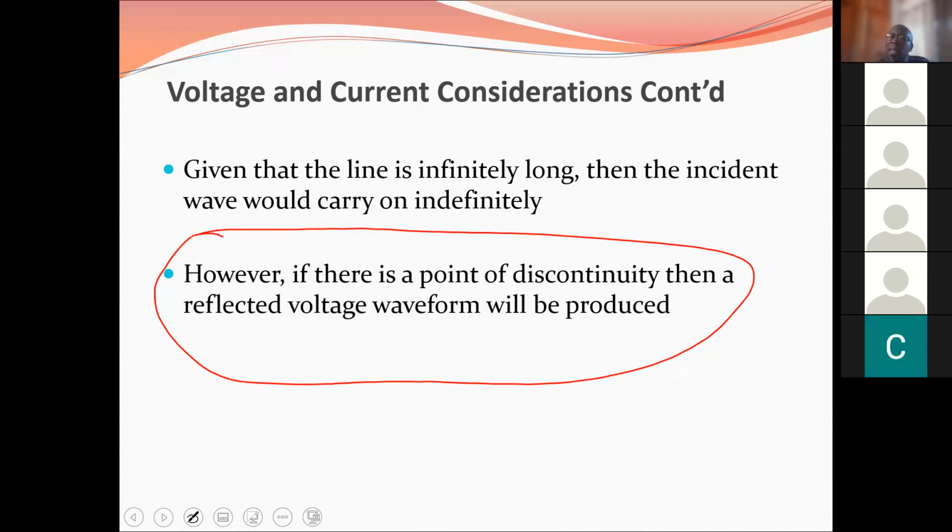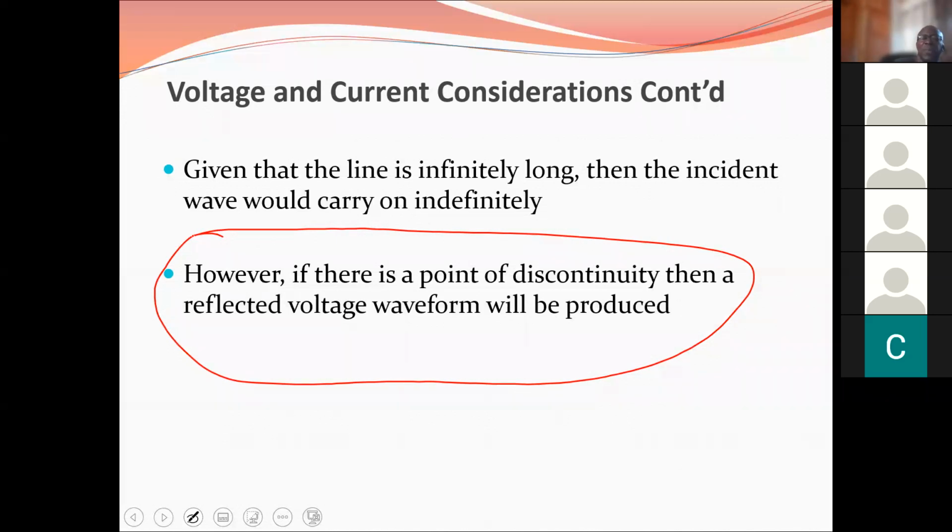Because if the two lines are dissimilar in terms of their inductance and capacitance per unit length, then that becomes two different surge impedances. So the lines are different. So you then have discontinuity. In other words, the propagation speed will be different from line 1 as against line 2. So you'll have reflection and refraction. Okay?